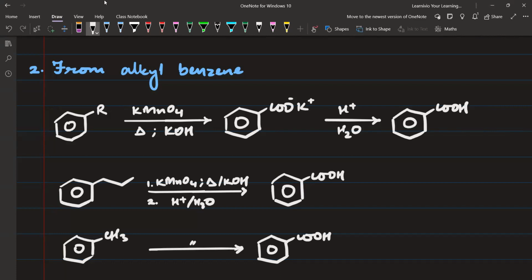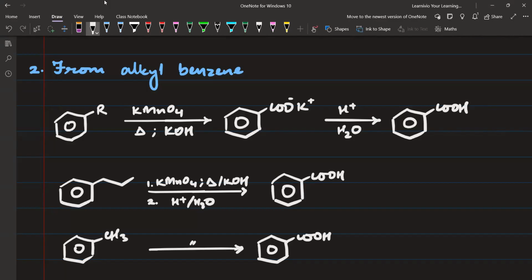The majority of the reactions in the carboxylic acid methods are mostly functional group conversions, right? You have to just remember the reactant, the reagent, and the product. There is no mechanistic significance in any of these reactions. You don't have to know the mechanism of any of these reactions. You have to just identify whether something is an oxidizing agent or a reducing agent, but they are straightforward things, and nothing else. One of the most important things to take care about is the acidic and the basic medium.